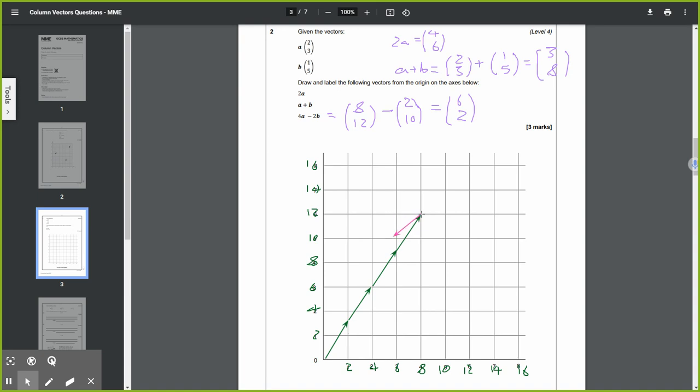So 1, 2, 3, 4. Oh wait, I've used a different scale, haven't I? Okay, so hang on a second. Let's just do that again. So it's 1 to the left, which is just going to be, try that again, it's going to be there. It's halfway across, and 5 down.